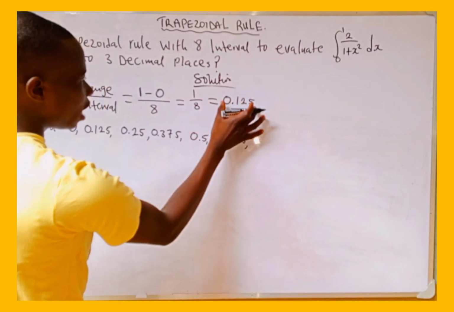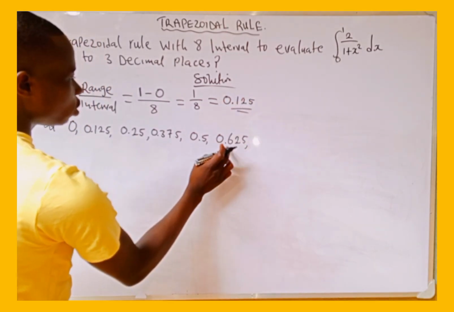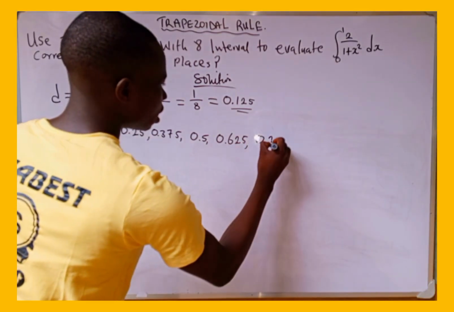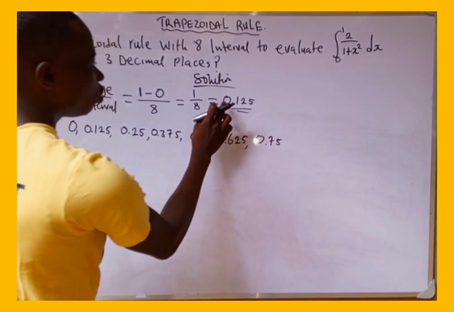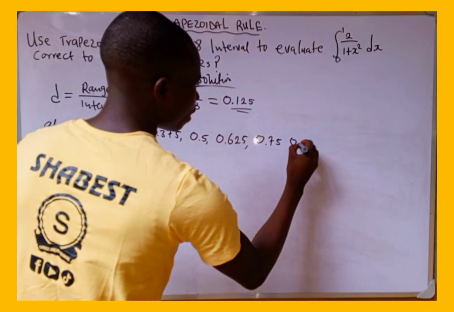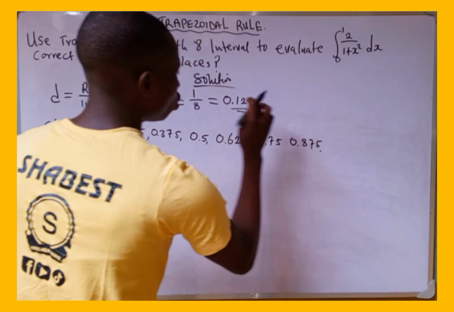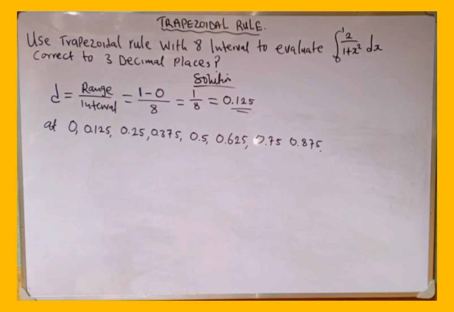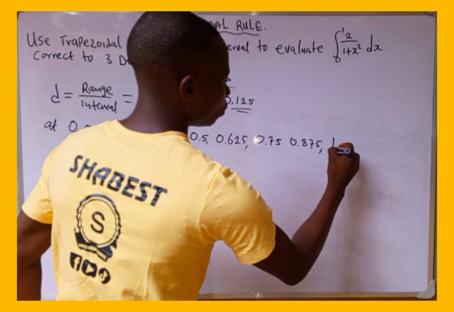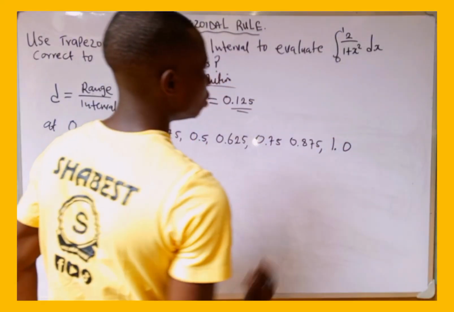Then the next one is to add 0.125 to 0.625, it is going to give us 0.75. Also add 0.125 to 0.75, it is going to give us 0.875. Also add 0.125 to it, and it is going to give us 1, which can also be written as 1.0.